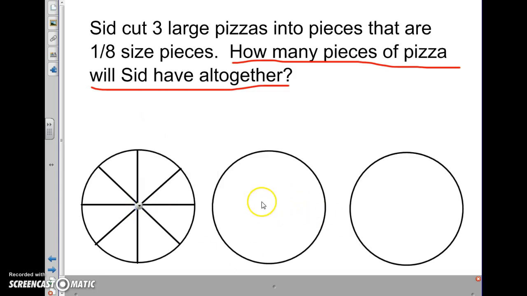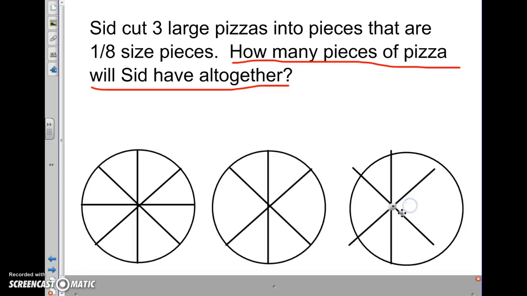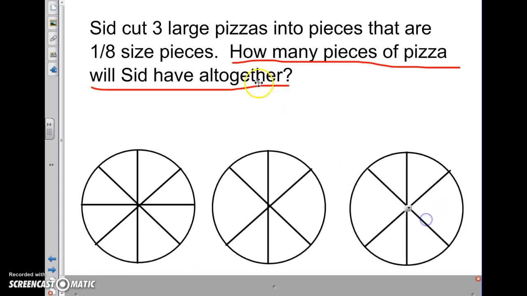Okay, and we want to do the same thing with each of these pizzas. We want to divide them also into the same size pieces, into 8ths. So we're going to do that.